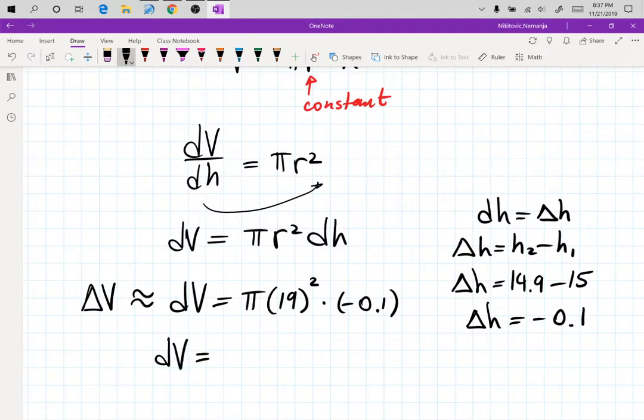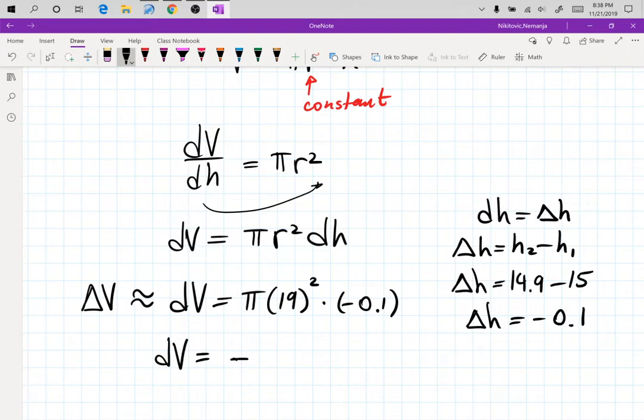So dV is equal to, and now you use your abacus, it's going to be negative, obviously, because you are losing volume, right? Because the height decreased and the size of the can is the same. If you change radius and you change the height and the volume will be changing, welcome to Calc 3. You have 3 variables minimum, right?